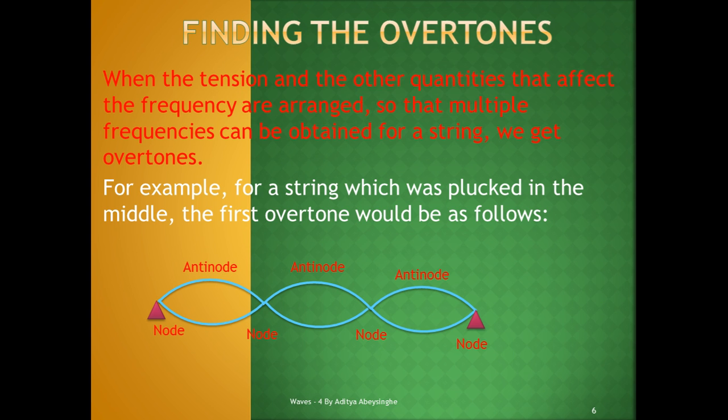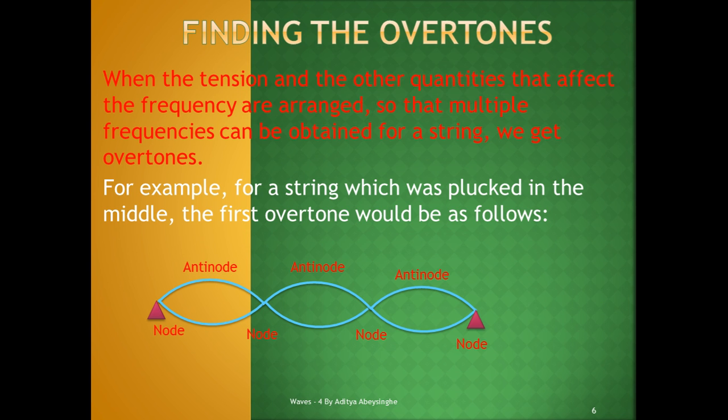This slide will explain what is meant by an overtone. Now if you have a string, you can not only vibrate with the fundamental frequency, you can also vibrate with frequencies that are greater than the fundamental frequency. Those frequencies are called the overtones, right?